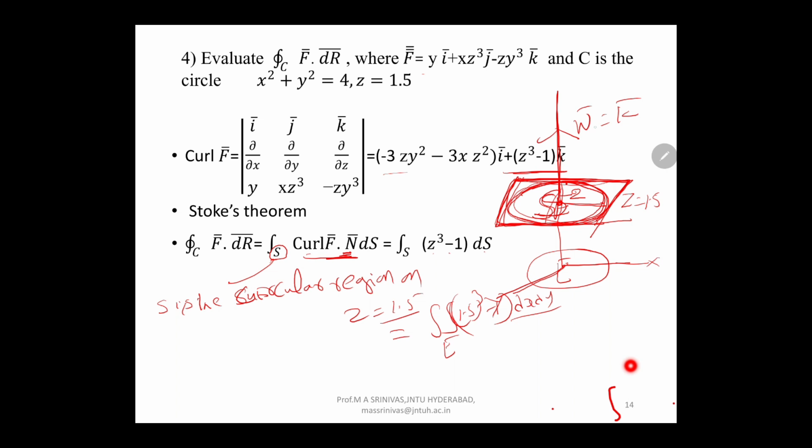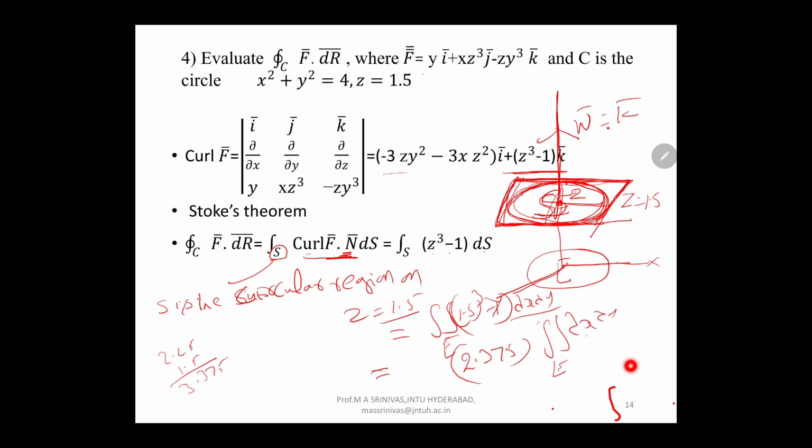What is your n bar? N bar is k bar, and k bar dot k bar is 1. So 1.5 whole cube means 1.5 times 1.5 is 2.25, multiplied by 1.5. So it is 3.375, and minus 1. So that is 2.375 into double integral over E of dx dy.